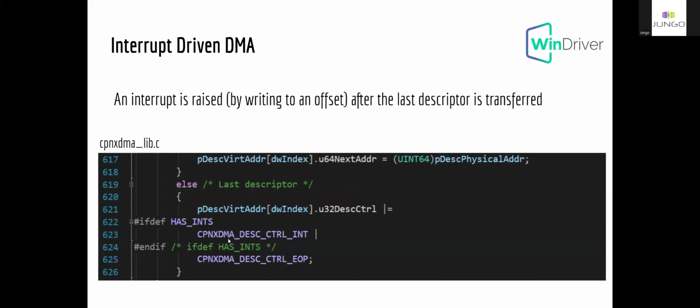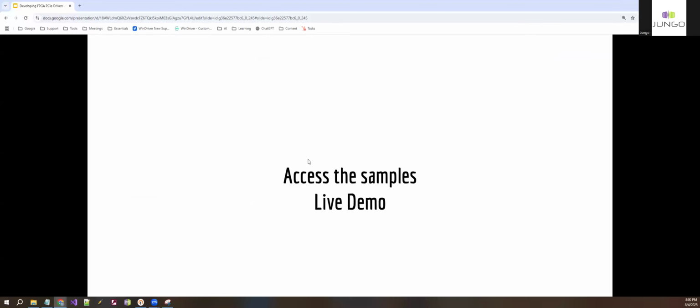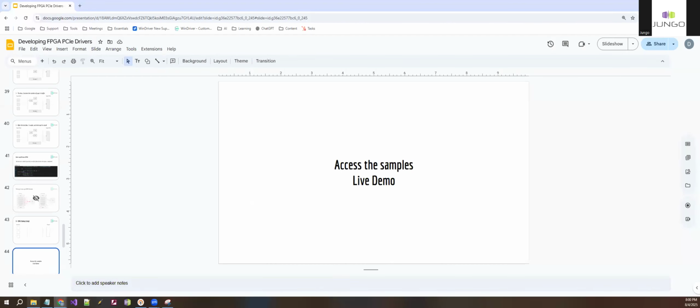You can see here CPNX descriptor control int, and if the interrupt is raised, that means we can clean up the routine, unlock all the buffers, and delete all the data from where we've written it. So let's dive into the code and see how it looks.